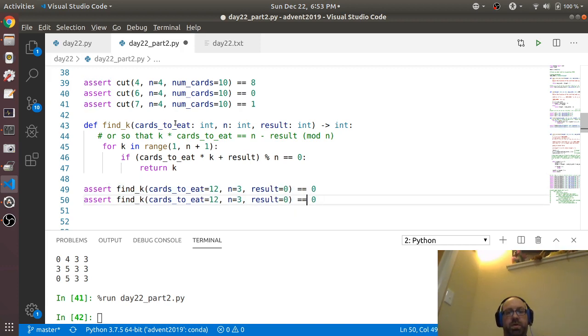And for result equals 1, if I multiply 12 times 1 plus 1 is 13. That's not 0. 12 times 2, 24 plus 1 mod 3 is not 0. 12 times 3 is 36 plus 1.